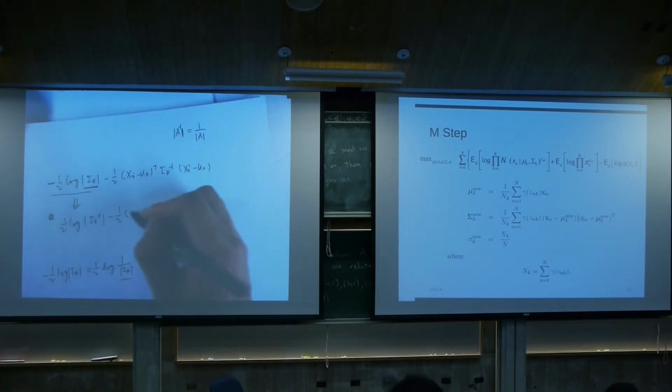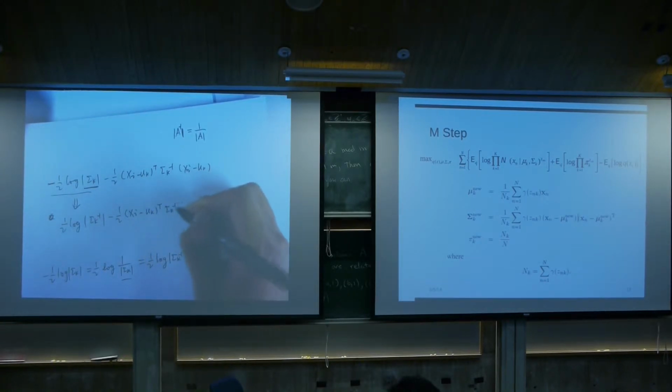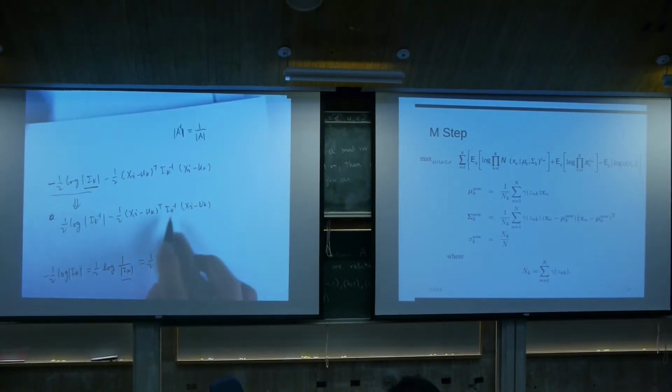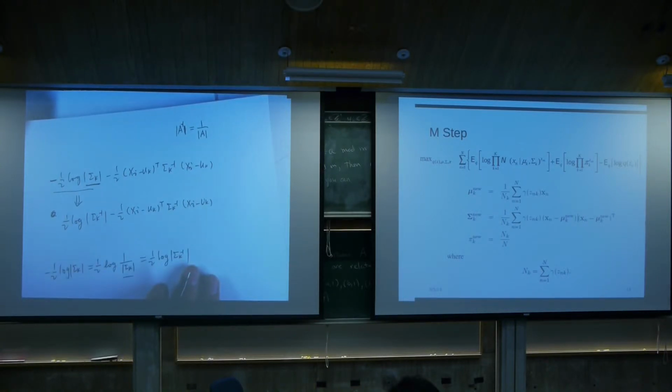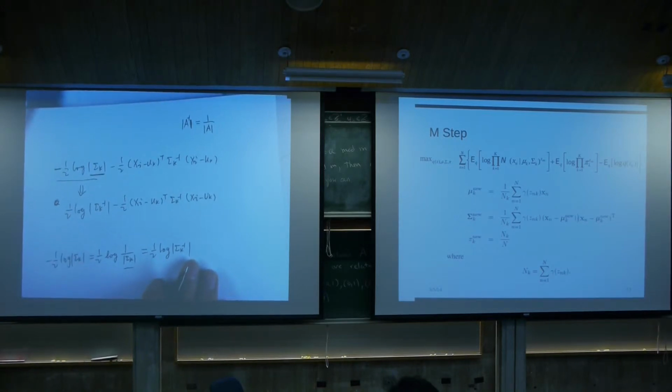So now we have unified these two things, and they are both over sigma k inverse. So instead of taking the derivative over sigma k, we can take the derivative with respect to sigma k inverse.